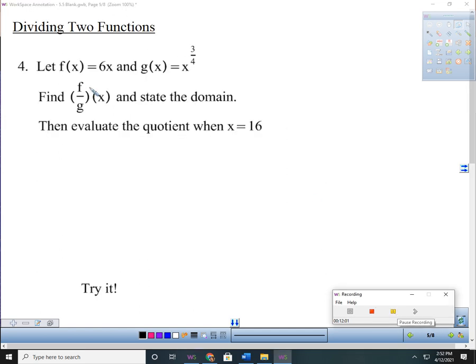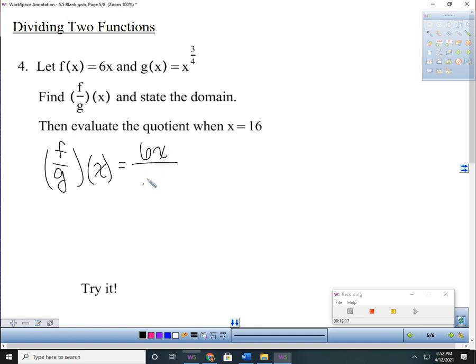All right, now to the dividing. So f is going to go on top, and g will go on the bottom. So the dividing ones are usually the most work. So if you can simplify, just like with anything, you should simplify.